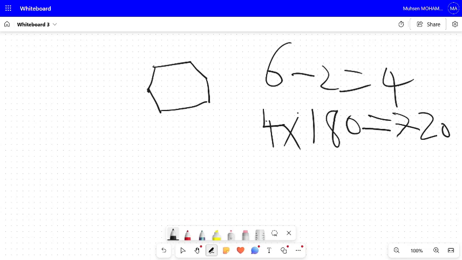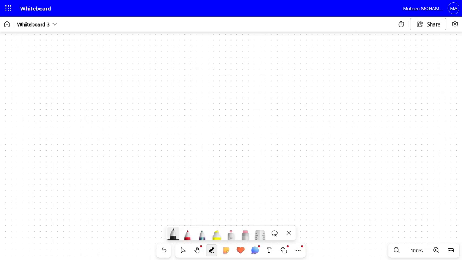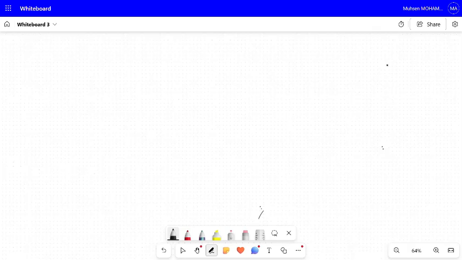Now, how do we make use of this in real life? Say, for example, we were in a park and the park had a fountain, and the fountain is an octagon.